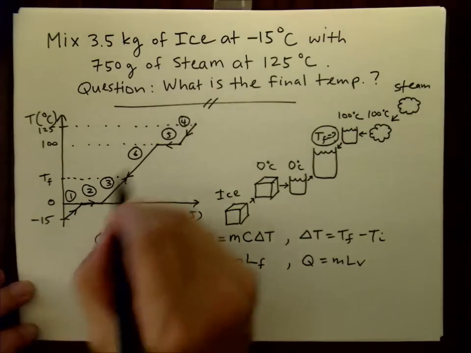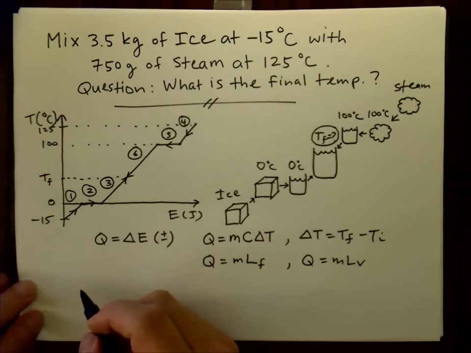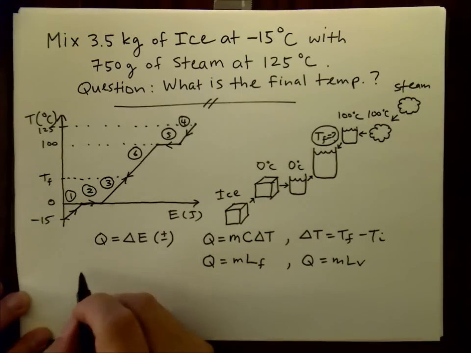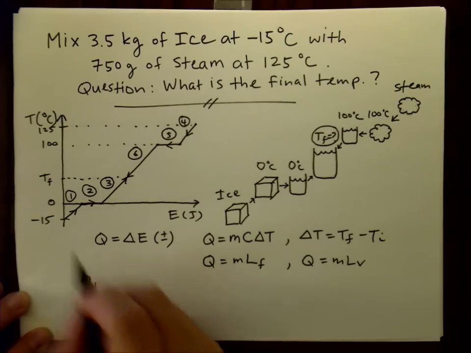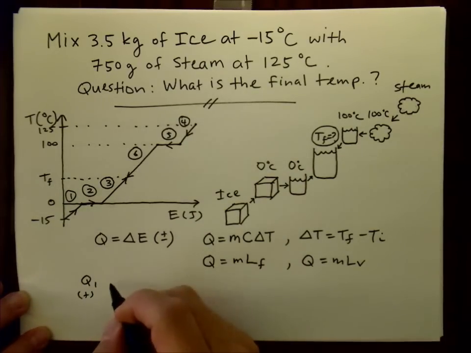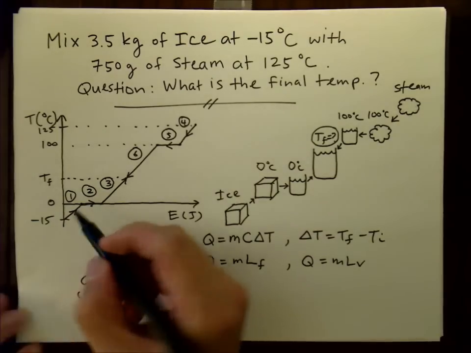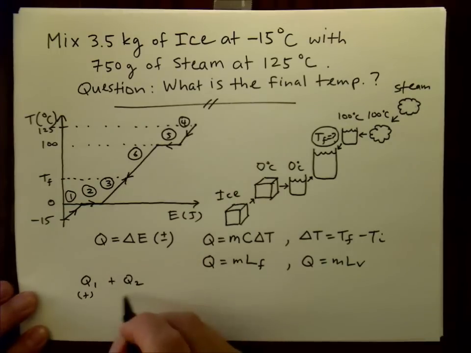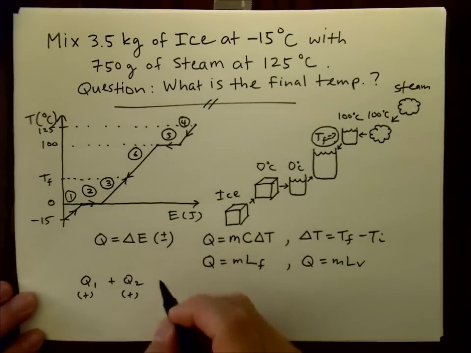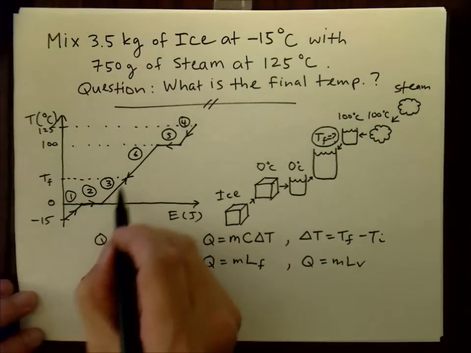So if we take a look at all of these 1, 2, 3, 4, 5, 6 changes in energy or transfers of heat, what we could do is simply add them all up, and the expression we get for that is Q1 for the first one, which we know is a positive value as the negative 15 degrees Celsius ice heats up to 0 degrees C, plus Q2 where it actually melts, again gaining heat, plus Q3 where the ice that is now water is being heated up.